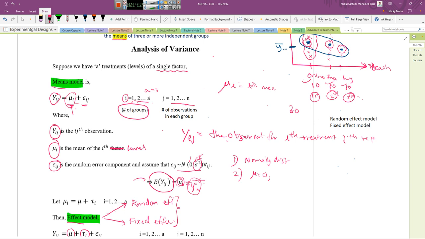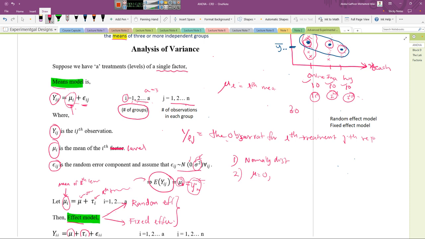Now mu I means the mean of the ith level, so you have to understand what all these terms represent. This is the mean of the ith level, this is our overall mean, and this is the treatment effect, the ith treatment effect.